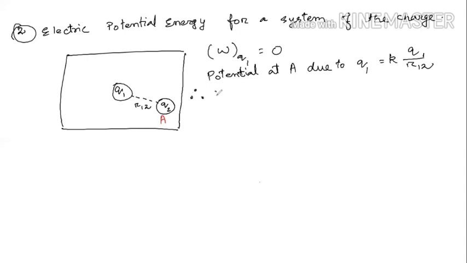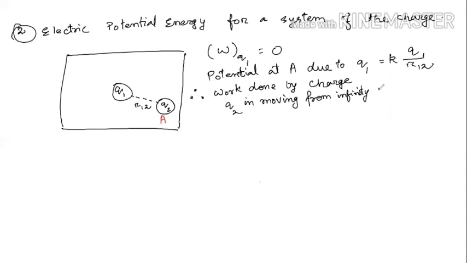Therefore, work done by charge Q2 in moving from infinity to point A is nothing but Q2 multiplied by VA.